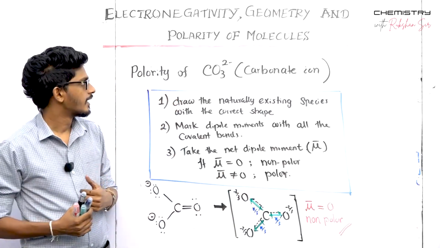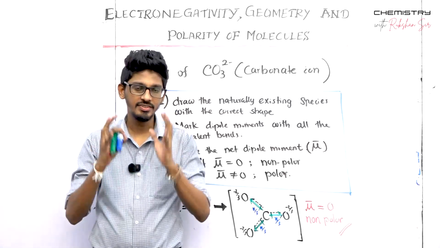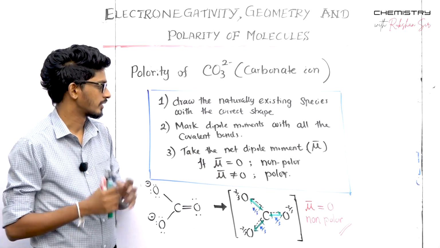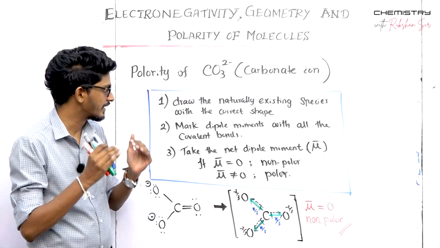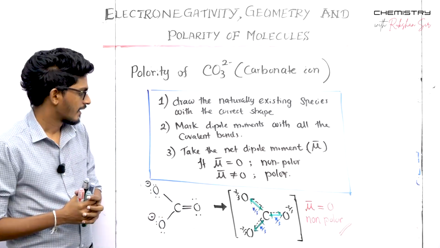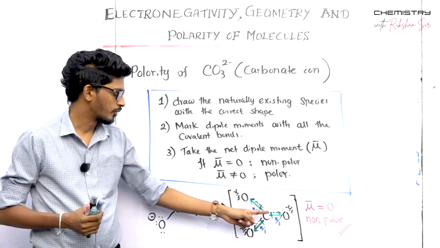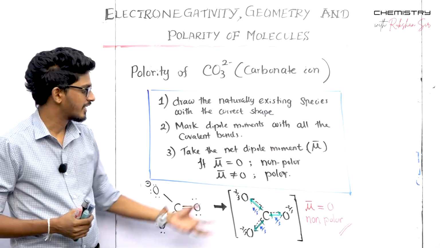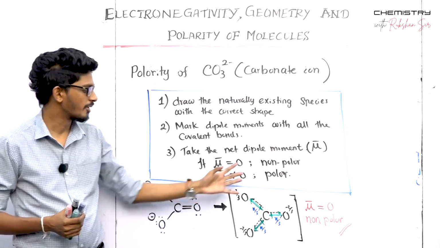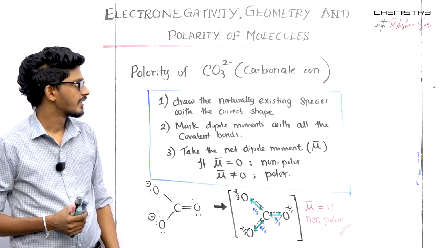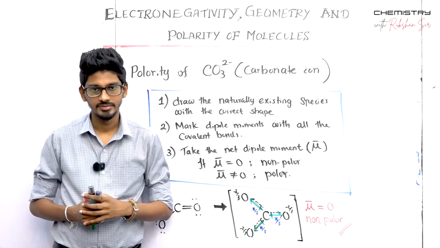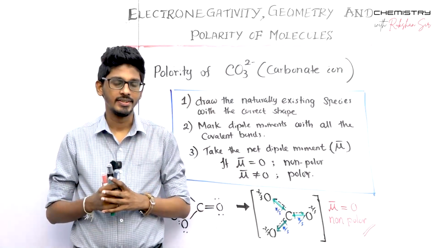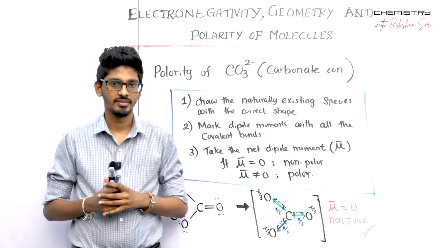That is all about the polarity of molecules. You clearly see here that to decide the polarity of a molecule, not only the bond matters. The electronegativity, by which the dipoles are marked, and the shape or geometry of the molecule all matter.